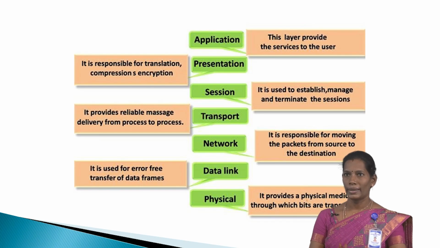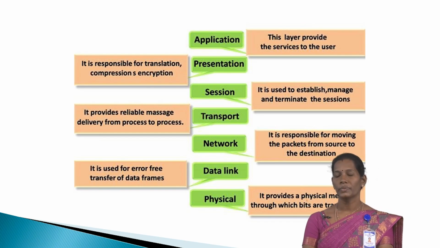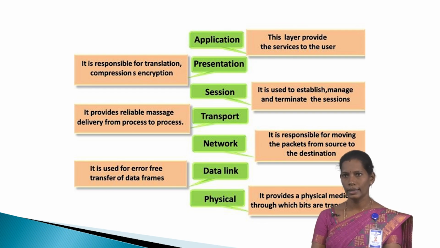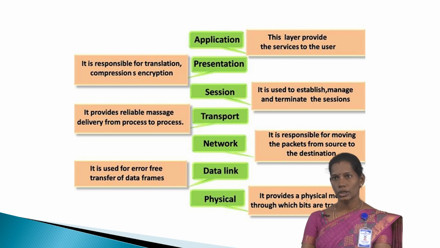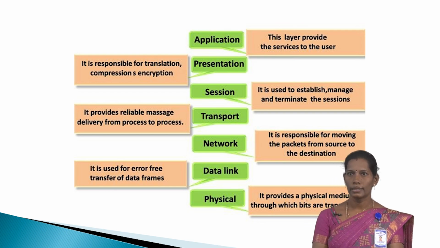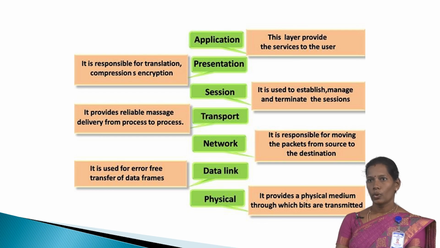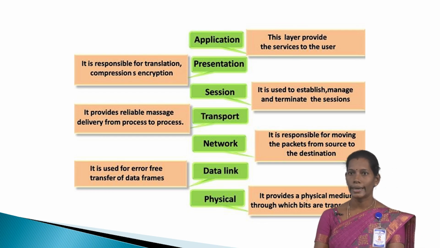First one, application layer, presentation layer, session layer, transport layer, network layer, data link layer, and the physical layer. Application, presentation, session, and transport layers are the responsibility of the host. Network, data link, and physical are the responsibility of the network.